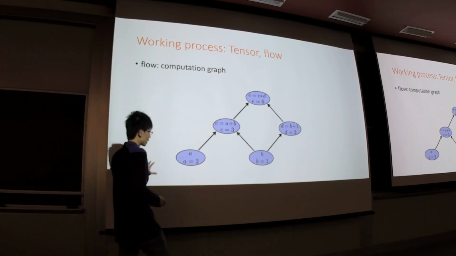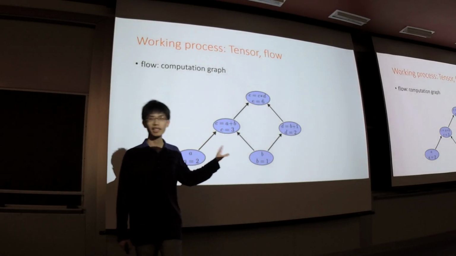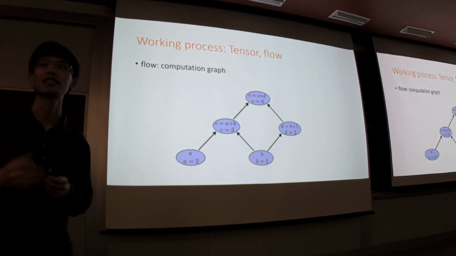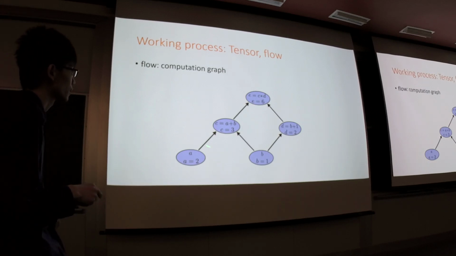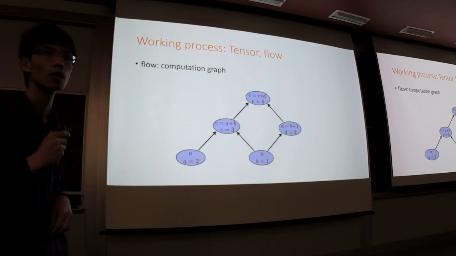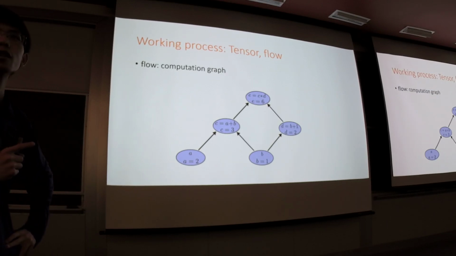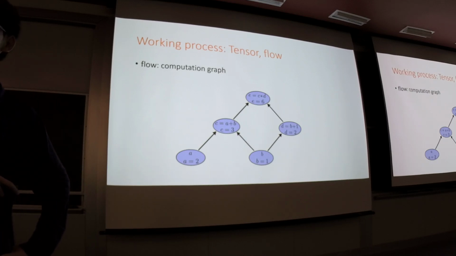In NumPy, you define A equals 1, B equals 2, and then you add them together. Immediately you get a 3, right? But in TensorFlow, if you write C equals A plus B, what you define is just an operation. You need to execute the operation, then you get the result.